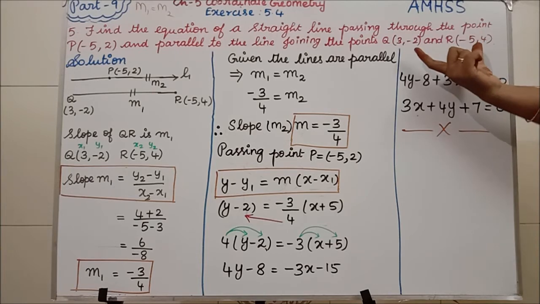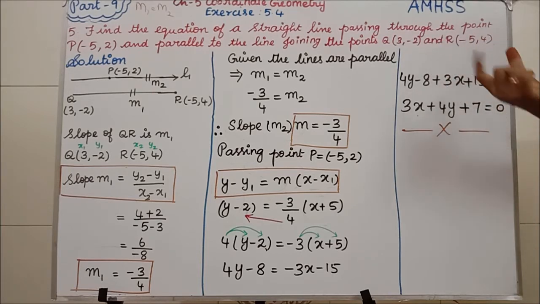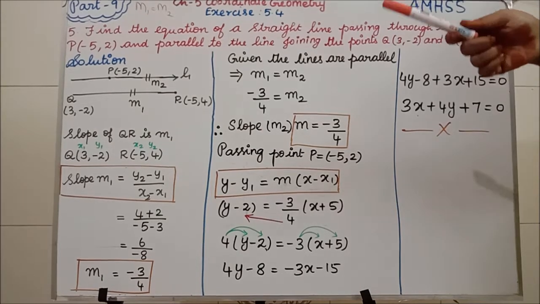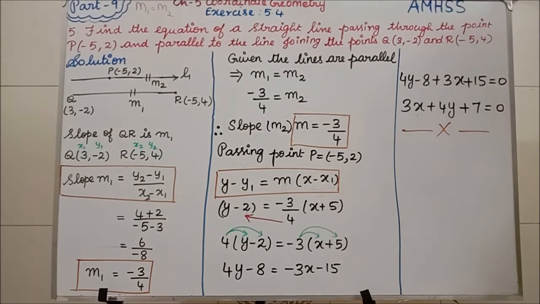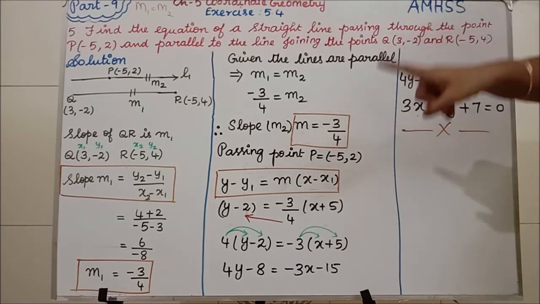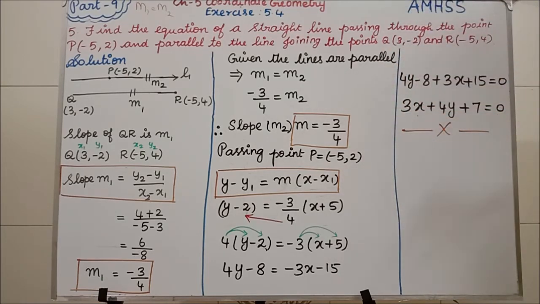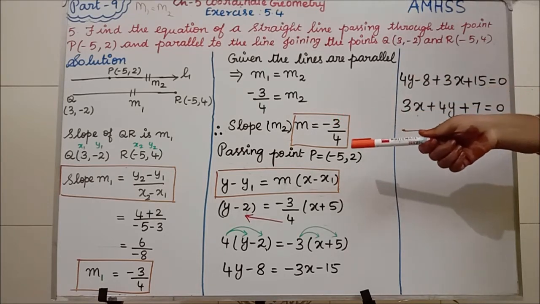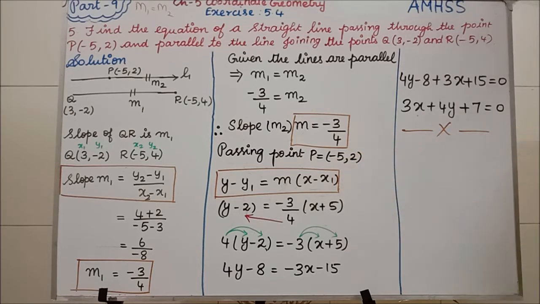Okay, using the 2 points we have got m1. And we still have another point given in the question. What is that? P(-5, 2). So we have one slope and 1 point. What is the formula for 1 point, 1 slope? y minus y1 equals m into x minus x1. Clear, students? That is the 1 point, 1 slope formula, which we learned in exercise 5.2.